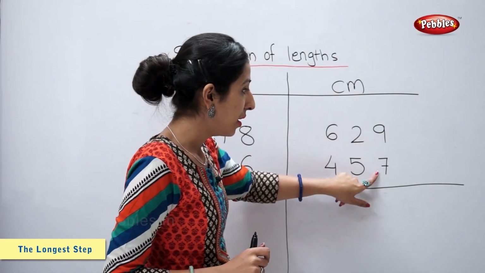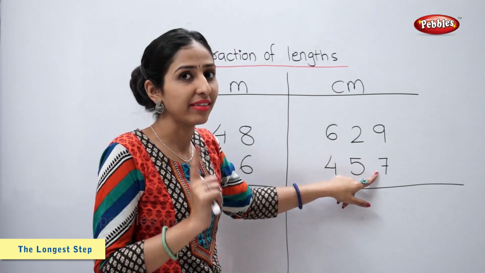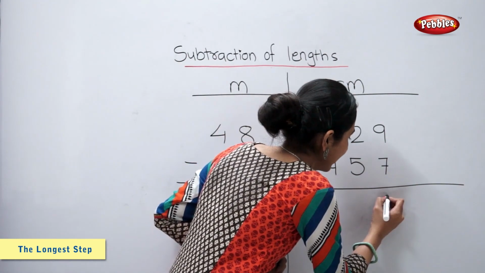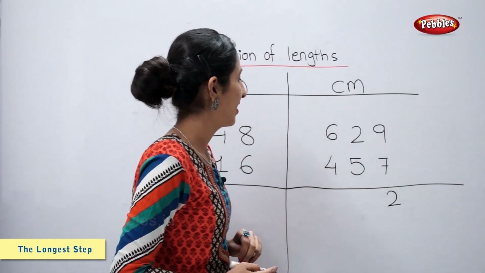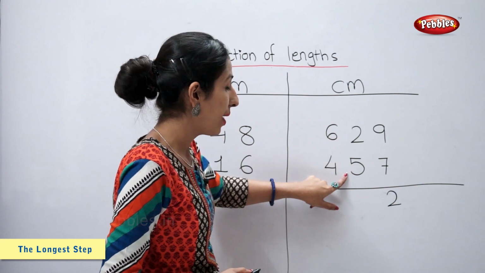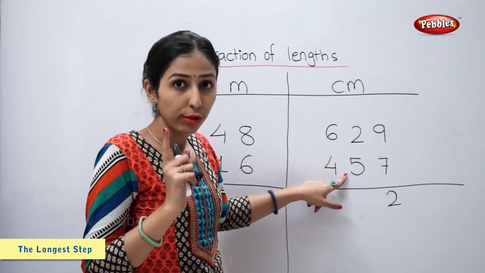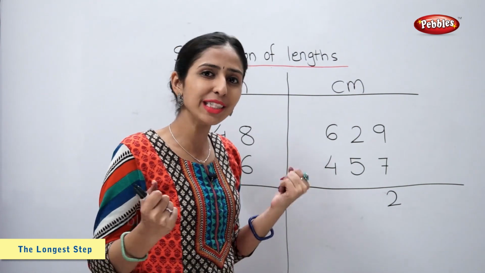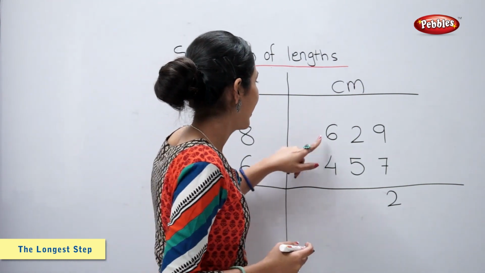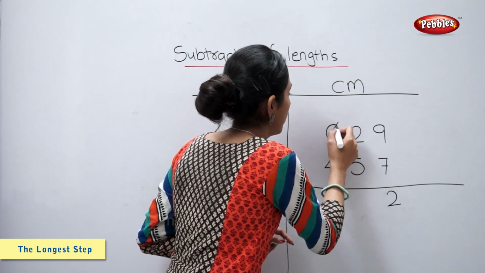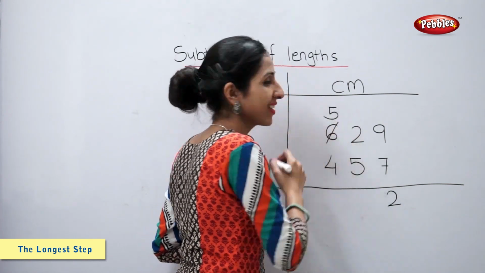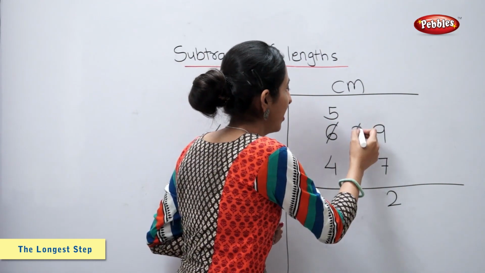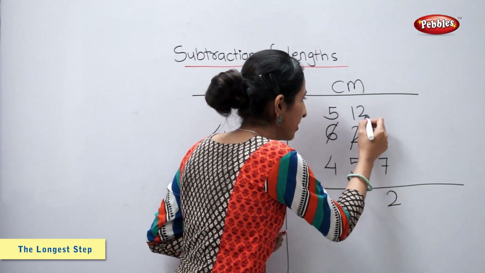9 minus 7 is equal to 2. 2 minus 5. 2 minus 5 is not possible. So, let's borrow. 6 becomes 5. 2 becomes 12.